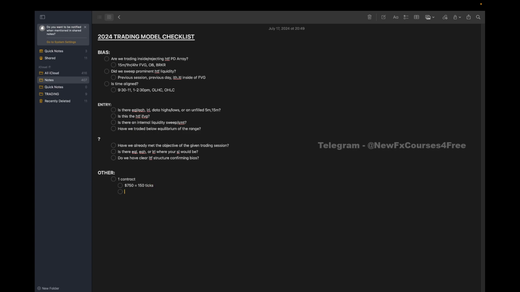This is just for your stop loss. $500 is around 100 ticks. And this is, I guess, for a 150K, if you're using that, 2 contracts. $750 is 75 ticks, and then $500 is 50 ticks.